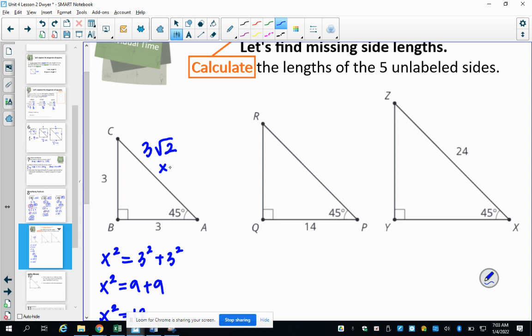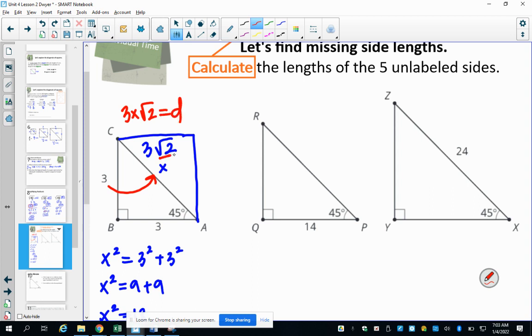Remember, we talked about the diagonal in a square. If we extended this, that would be a square. This diagonal is always about 1.4 times bigger than the side, or the square root of 2 times bigger. If we take the side length and multiply it by square root of 2, we get the diagonal.